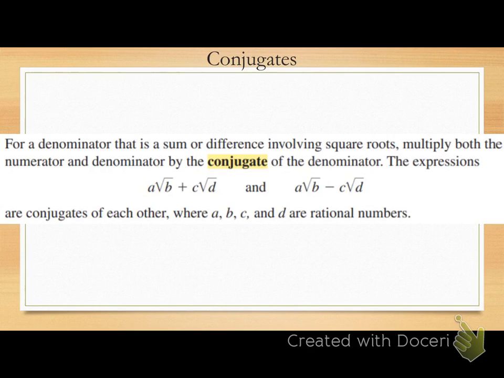Real quick, let's talk about conjugates. For a denominator that is a sum or difference involving square roots, multiply both the numerator and denominator by the conjugate of the denominator. The expressions a square root of b plus c square root of d and a square root of b minus c square root of d are conjugates of each other, where a, b, c, and d are rational numbers.